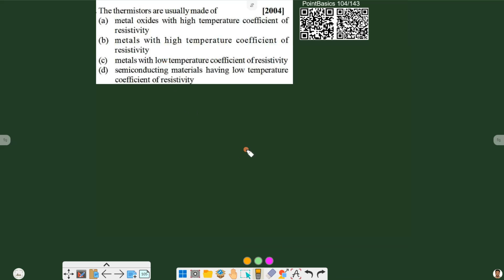Now, thermistors, these are the devices, or we can say materials. Material will be the right word. Materials used to sense small changes in temperature.